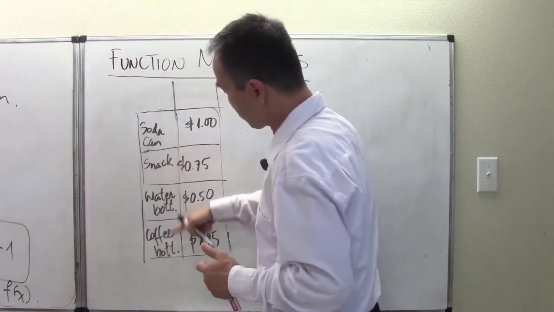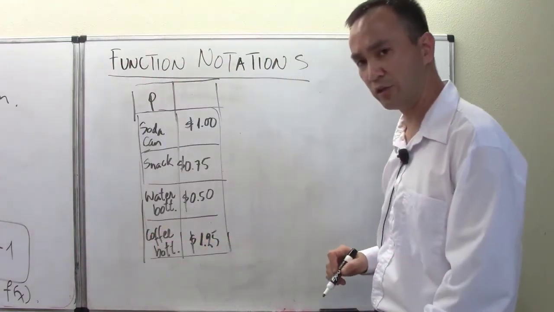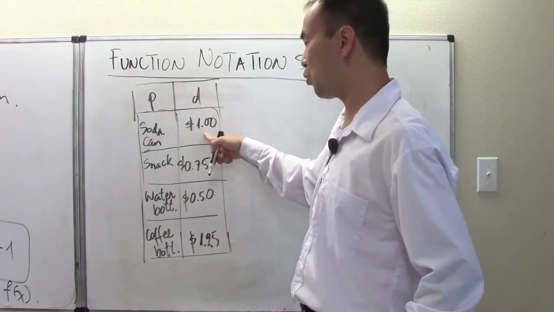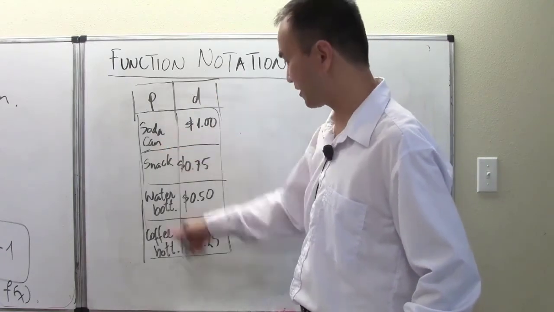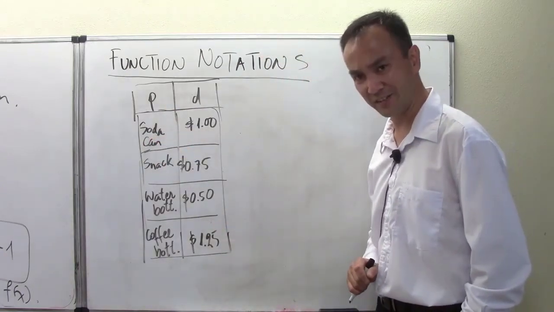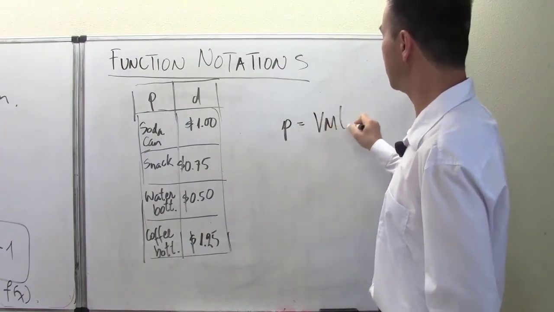Any of these products can be regarded as the letter P as a variable, lowercase letter p. And the input here was in dollars. So when dollar equals 1, inputting that into the function, the rule says we're coming out with soda can. And that's the idea right there. So once again, it's P equals VM of D.